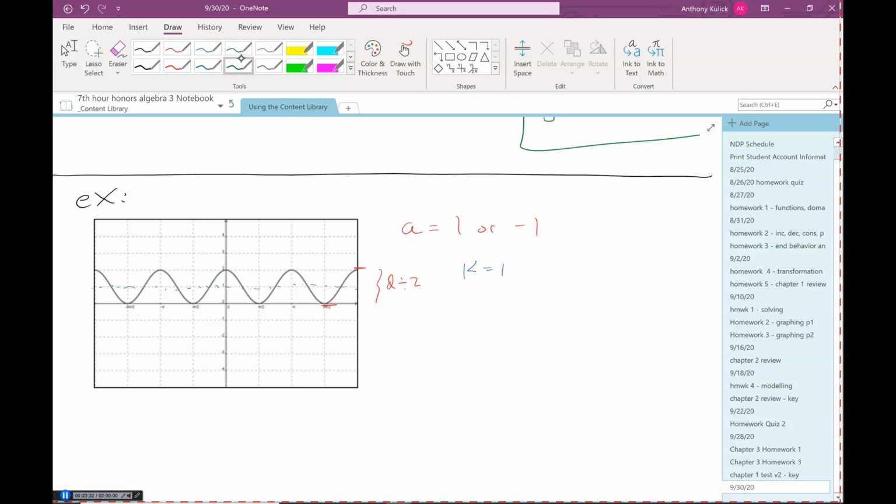Okay. Now let's try to figure out the B. Here we need to look at the period. We have lots of periods of the graph. In that sort of situation, it's easiest to just go from max to max or min to min. That distance will represent one period.